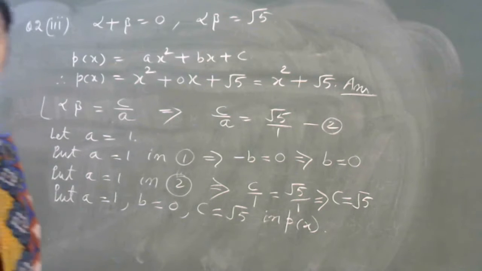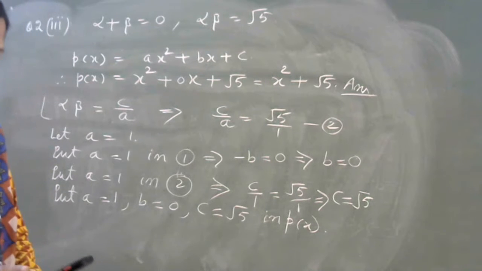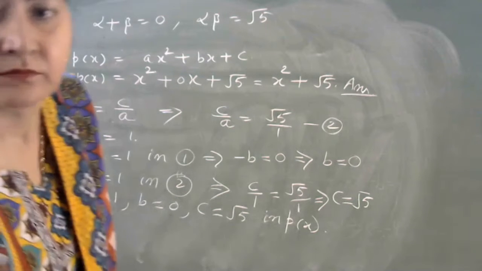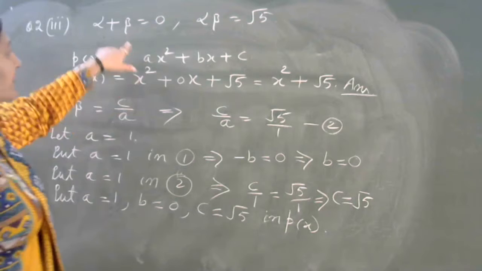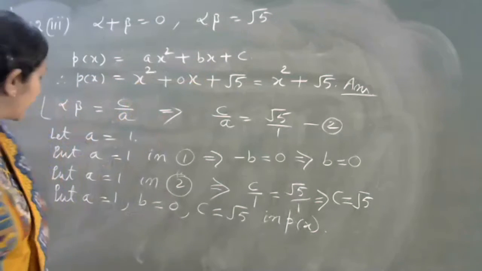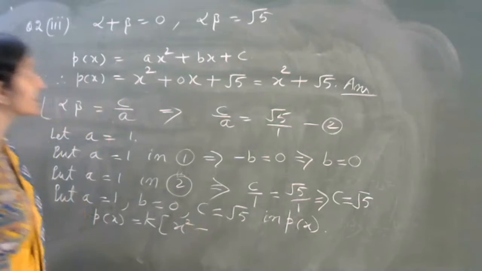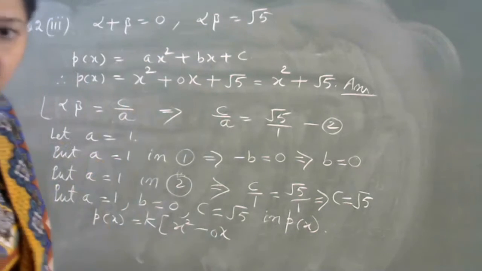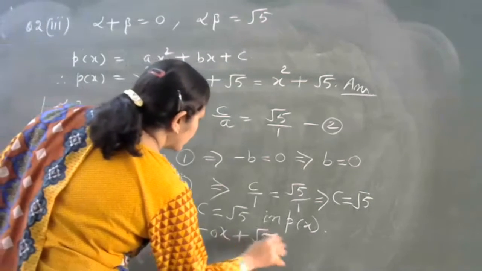Next we are going to discuss fifth part. In fifth part, what is there? Sum is minus 1/4 and product is 4. In this question, if you look at it directly, we can write px as k into x square minus sum of zeros, that is 0 into x, and then plus under root 5 as it is.